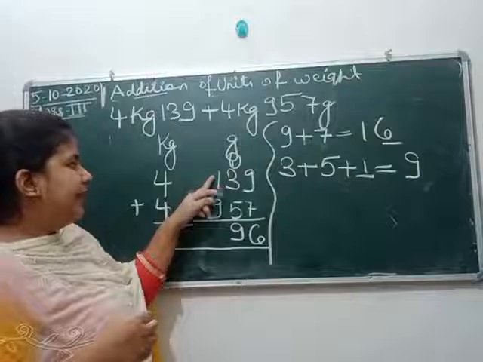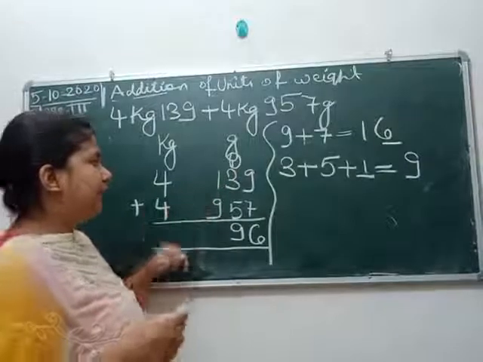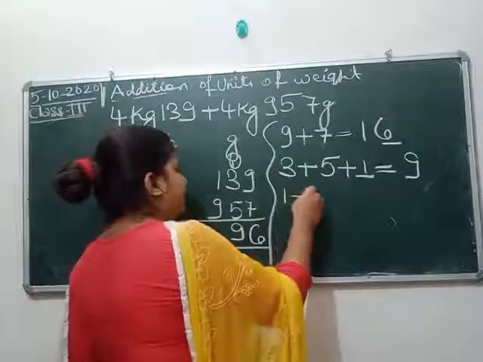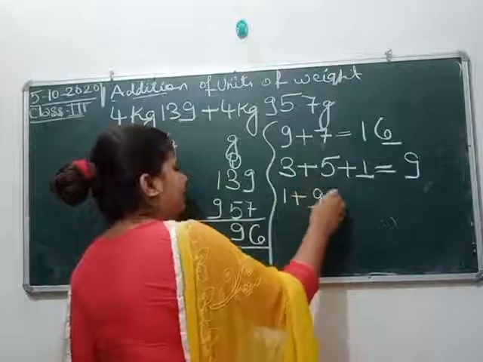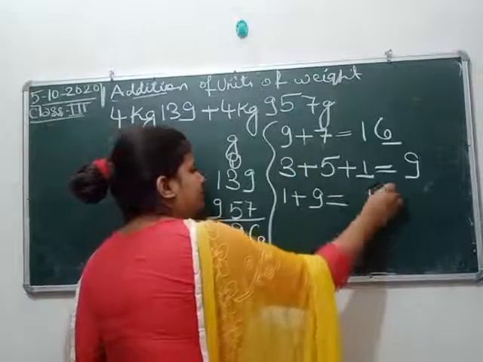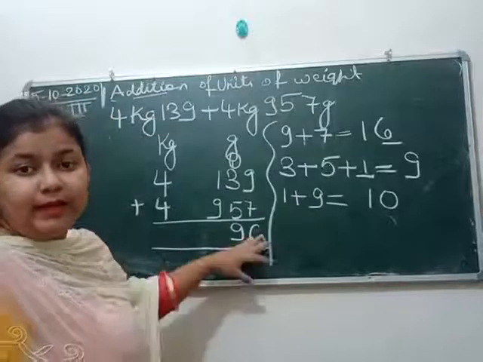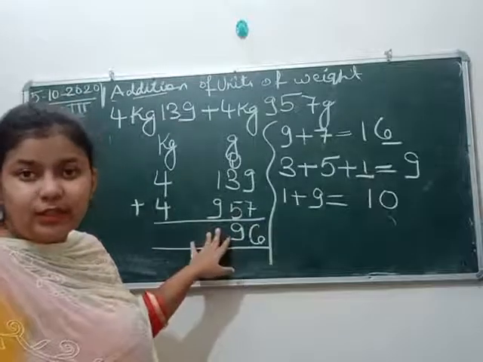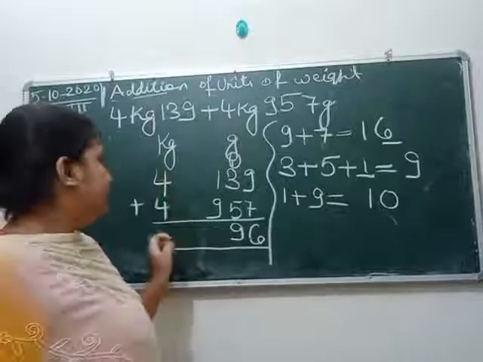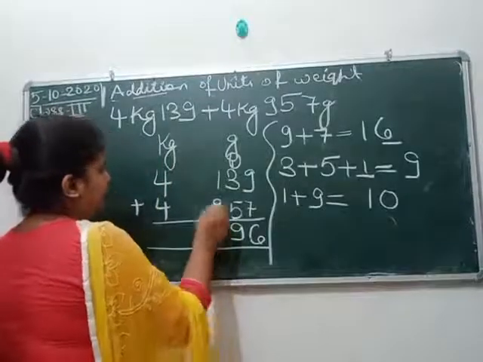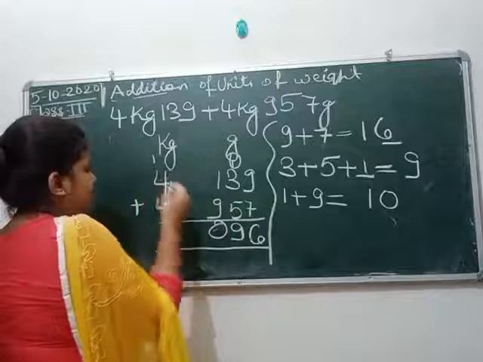Again at hundred place we are having 1 plus 9, we will get 10. So for 10 we will write 0 and give 1 carry here.